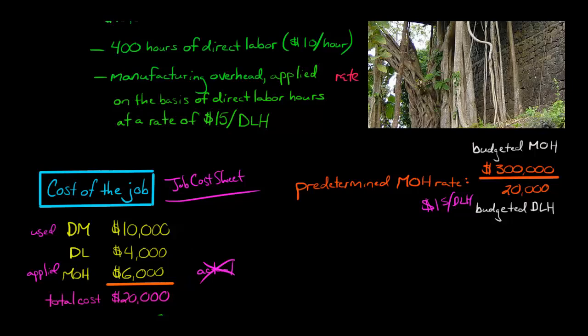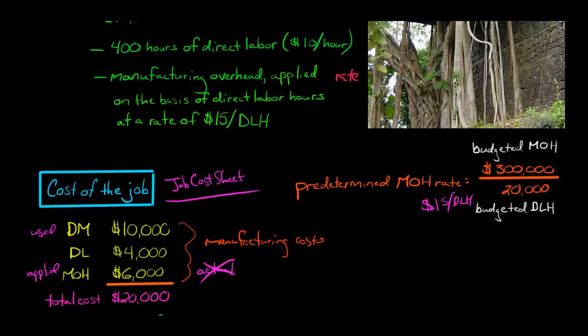So if somebody were to ask you, hey, what did it cost us in terms of our manufacturing costs? Because these are all manufacturing costs, okay? Or product costs, inventoriable costs. Okay, there's some more terminology for you.